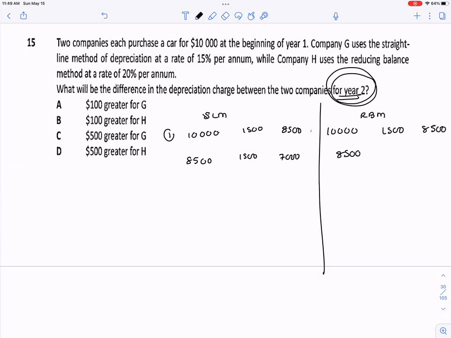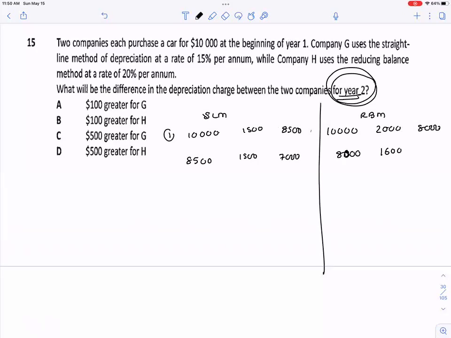Miss, why did you take 1,500? It is 20% for the reducing balance method. So it will be 2,000. Oh, it is 20%. So this will become 8,000, then this will become 1,600.